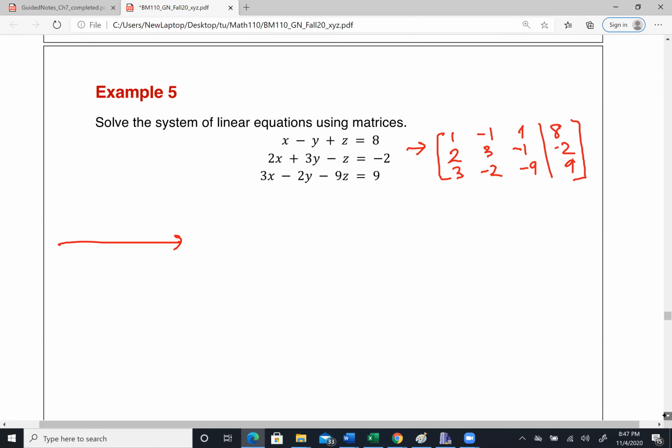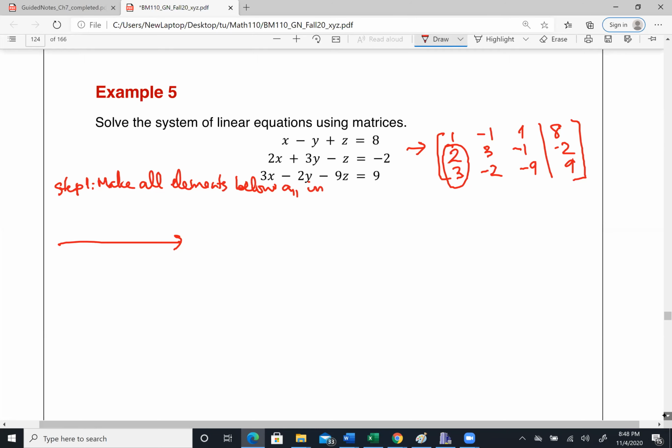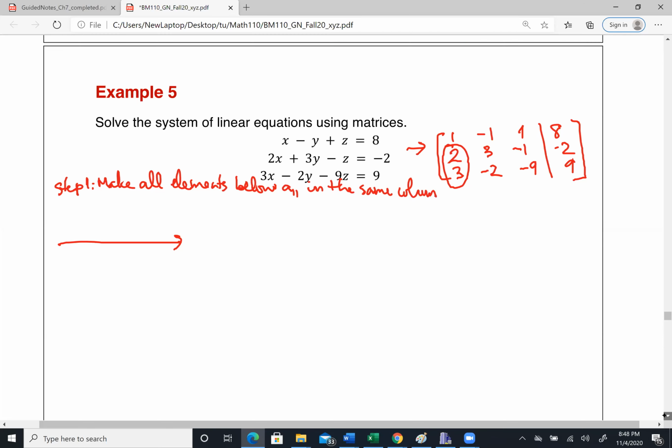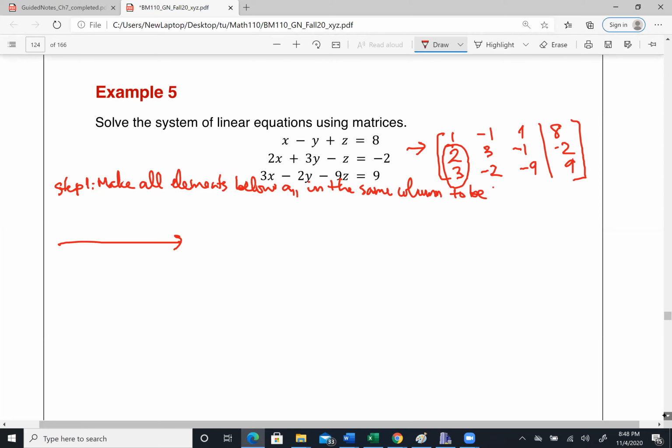Now I just want to make the ones below it 0. So step 2: make all elements below A11 in the same column 0.